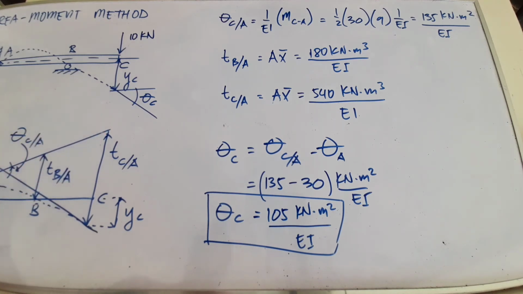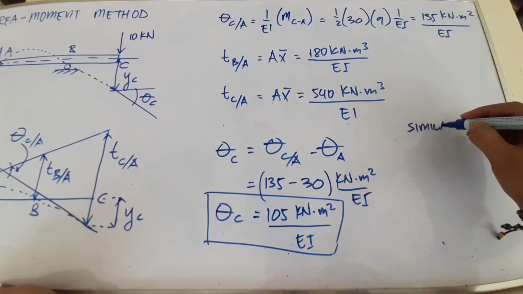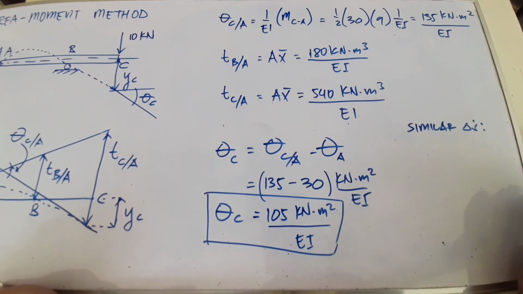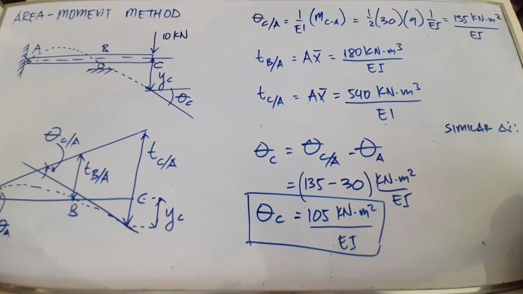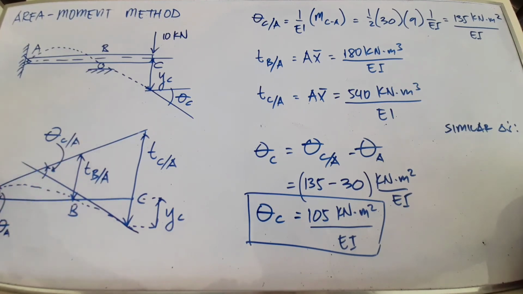Yan yung dalawang triangle na yan. So, we have TC over A by similar triangles. Meron tayong ito, at saka ito, na triangle. Ito yung triangle na mas malaki, tsaka yung triangle na mas maliit.